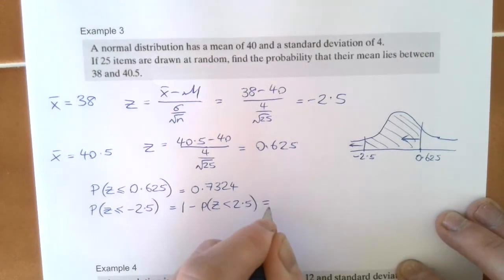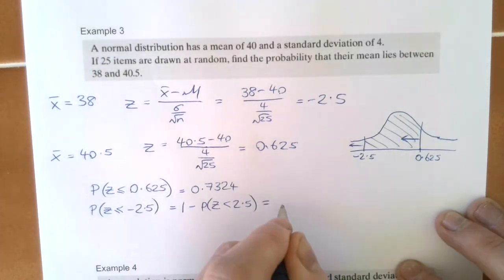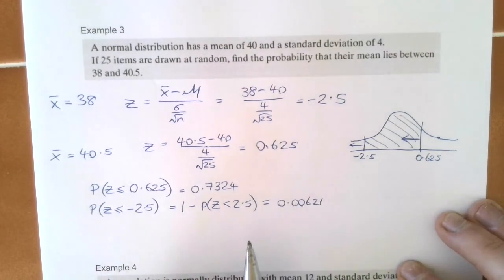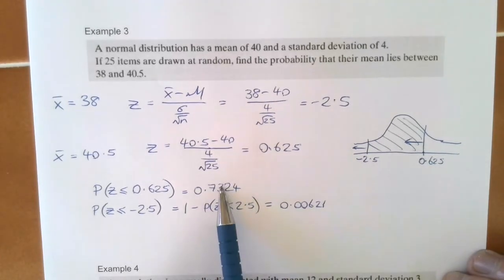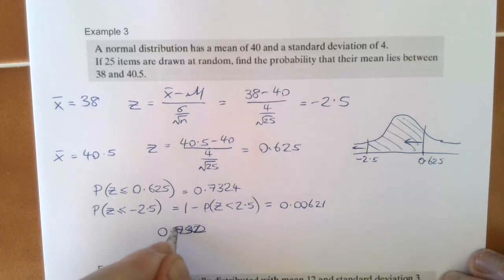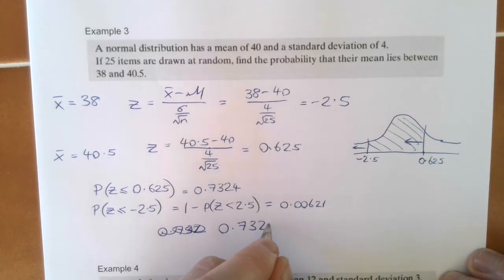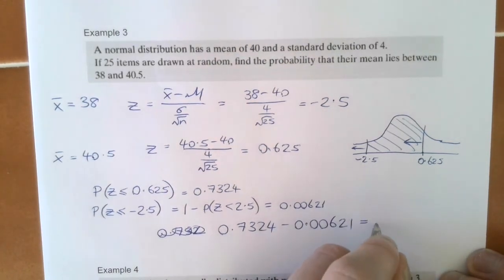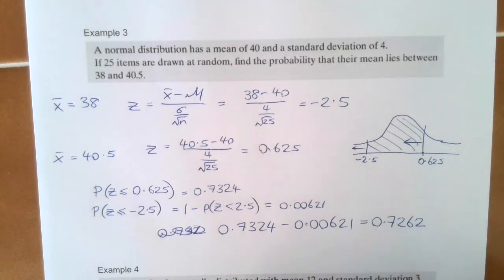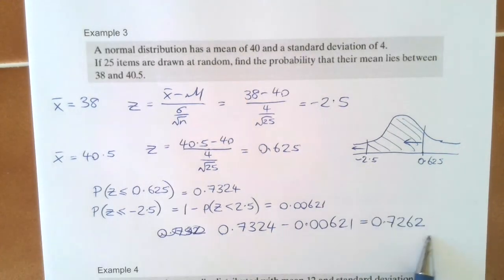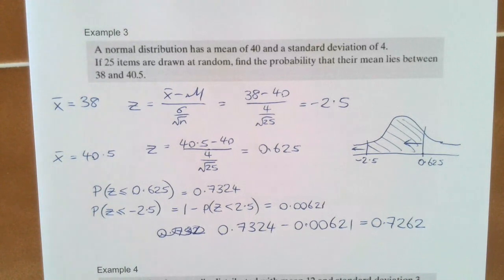If we work that answer out, it's 0.00621. Then we need to take these two values away from each other. So it's going to be 0.7324 minus 0.00621, and we will get 0.7262. So the probability that the mean lies between 38 and 40.5 is 0.7262.